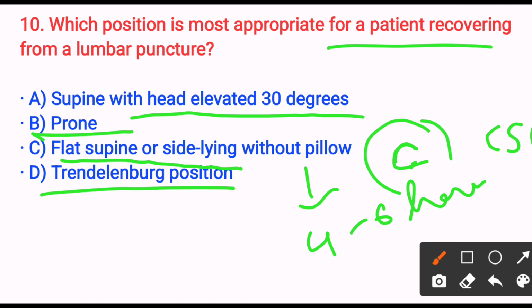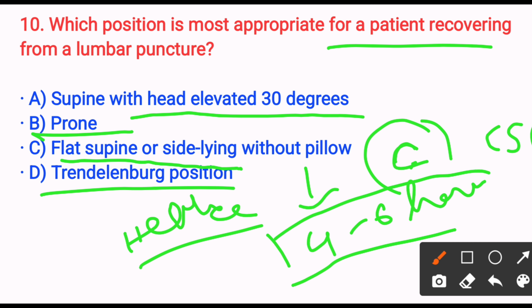The most common side effect is headache, so we have to prevent the headache. For preventing this, we provide 4 to 6 hours of flat supine or side-lying position without pillow. So the answer will be option C.